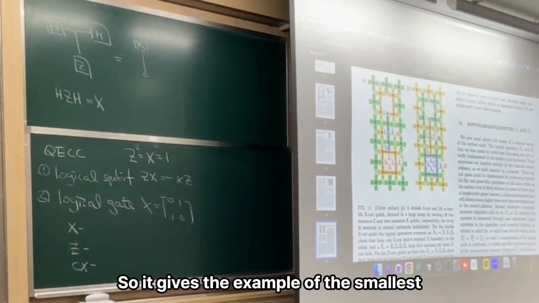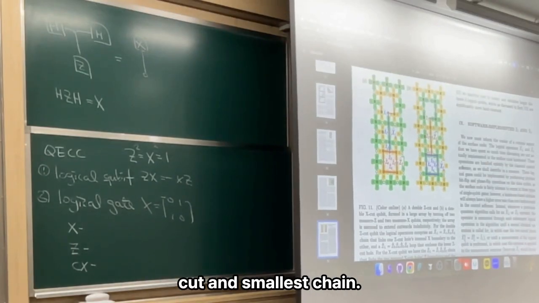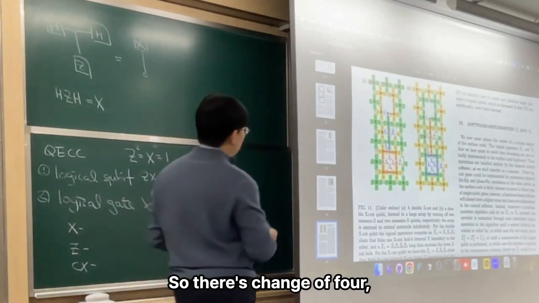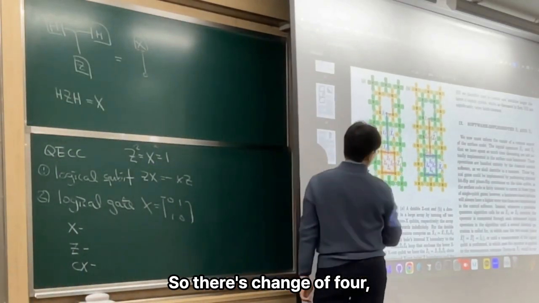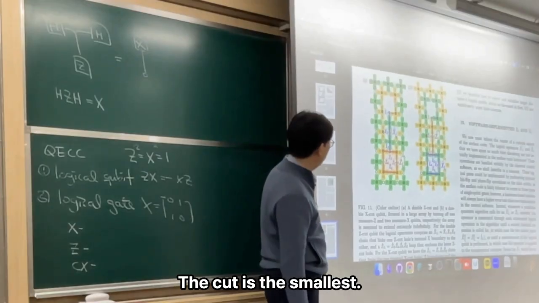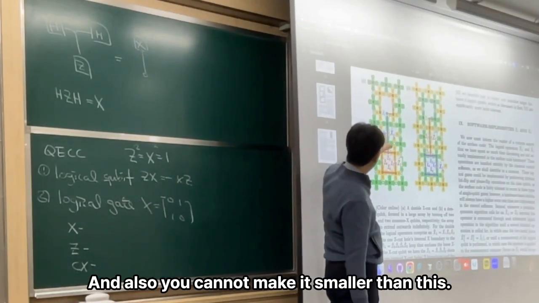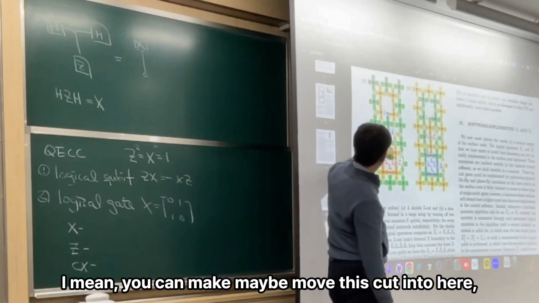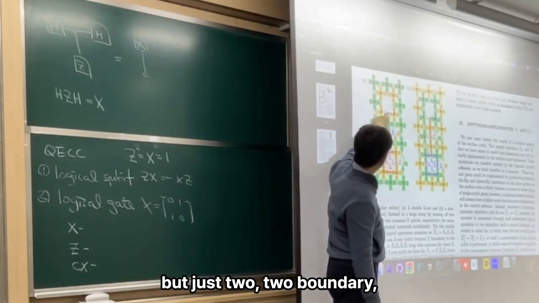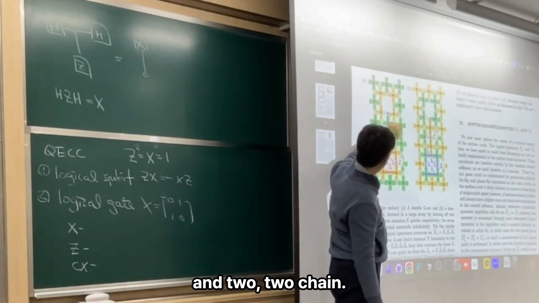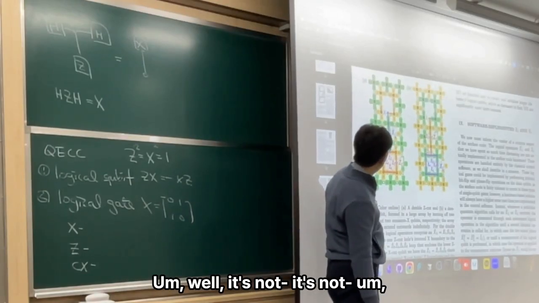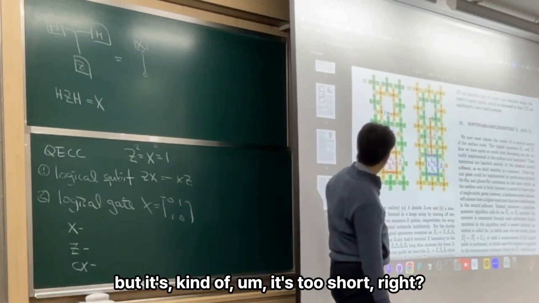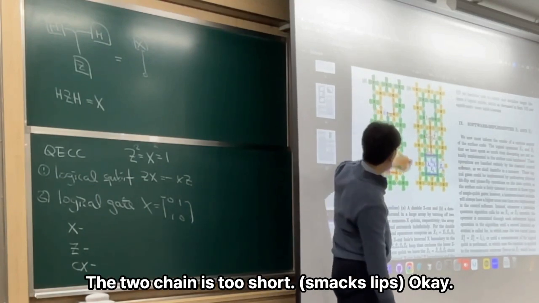So it gives the example of the smallest cut and smallest chain. You cannot make it smaller than this, right? So this length 4 chain and cut is the smallest, and also you cannot make it smaller than this. I mean, you can maybe move this cut into here, but just a 2 chain, well, it's not impossible, but it's too short, right? The 2 chain is too short.